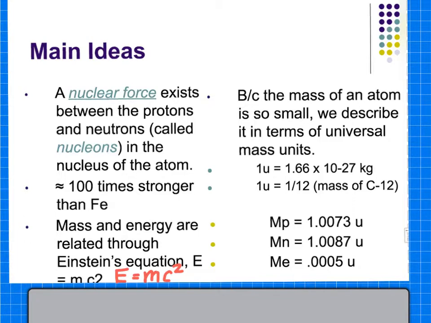Now, if you had this in terms of 10 to the negative 27, you would never see that small difference between the proton and the neutron. The electron, you can see, is 0.005 universal mass units, considerably smaller than the proton and the neutron. And maybe we didn't realize how much smaller the electron was until we looked at it in terms of universal mass units.